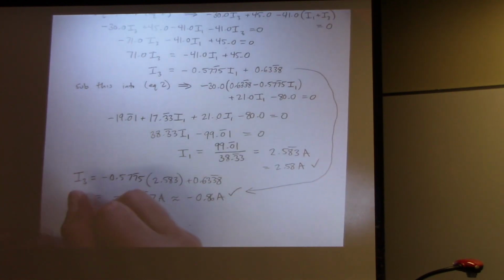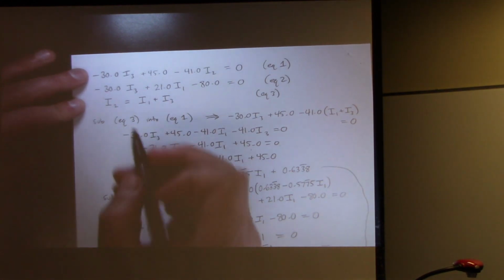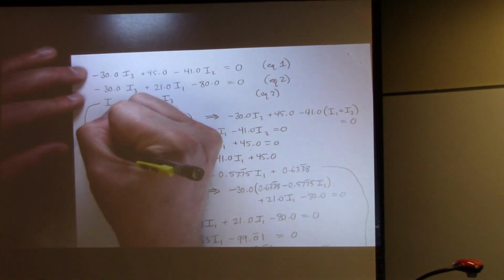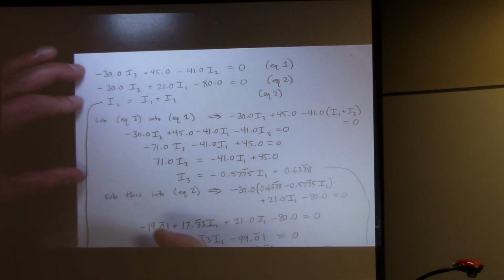Okay, and then the last thing is, from the top of the page, we have a way of calculating I2 from the junction rule. It's just the sum of I1 and I3, and we have to add those together.